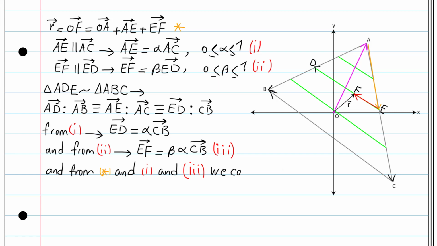we can write R is equal to OF is equal to OA plus AE, which is alpha times AC, plus EF, which is beta times alpha times CB.